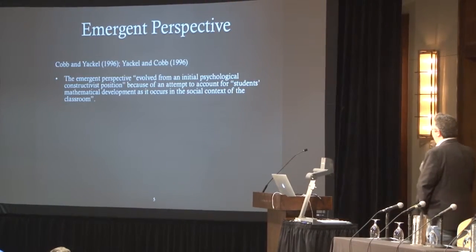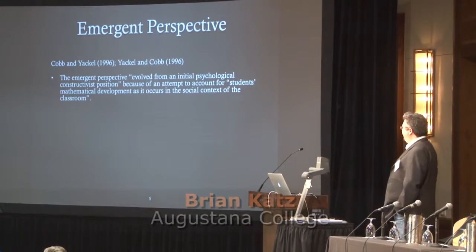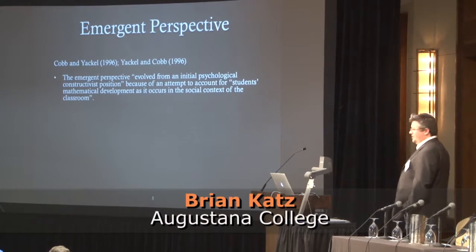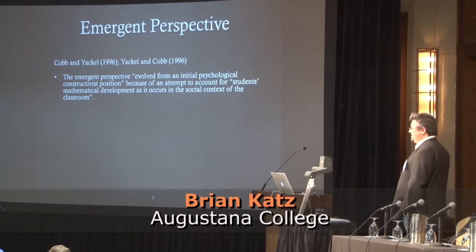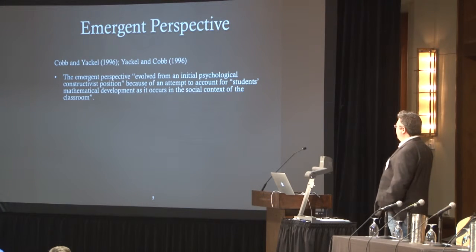And so that brings us to the emergent perspective. This is the grounding in the room, research in undergraduate mathematics education literature. This term comes from Cobb and Yackel, two papers from 1996 that you should read. They're in my references at the end, so you get to see the information. But from them, the emergent perspective evolved from an initial psychological constructivist position.